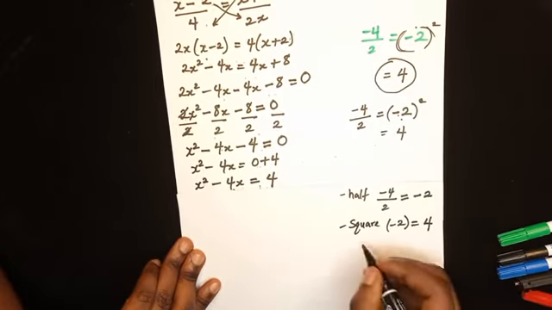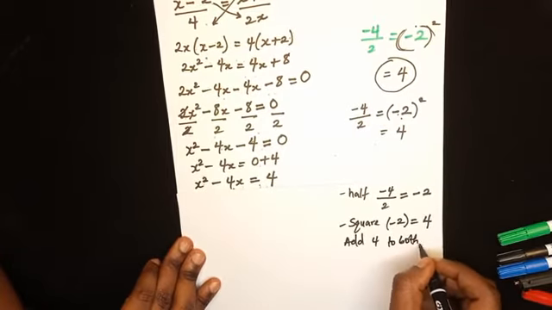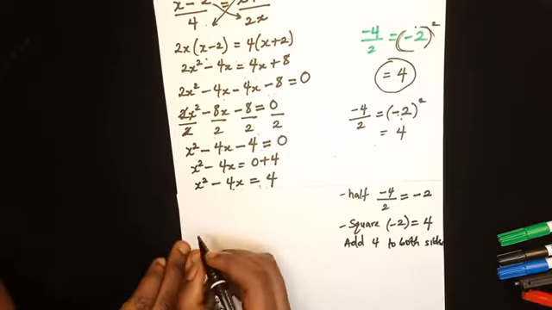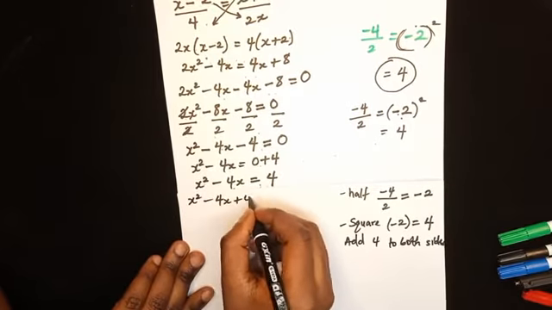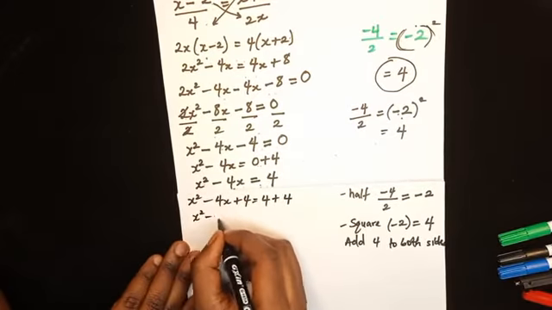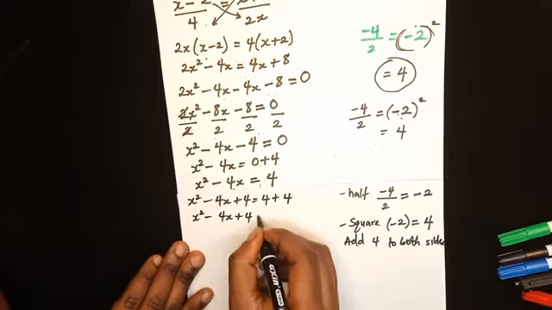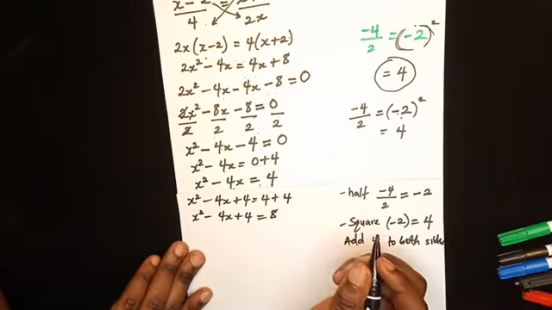Then you go ahead to add 4 to both sides, which gives you x squared minus 4x plus 4 equals to 4 plus 4. So this gives us x squared minus 4x plus 4 equals to 8. Then you go ahead to factorize this side of the equation.